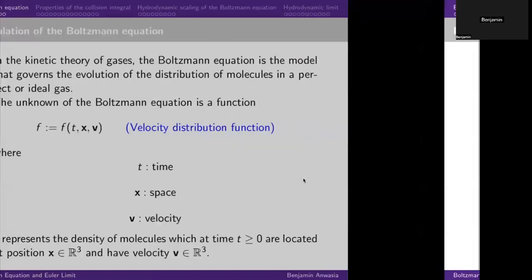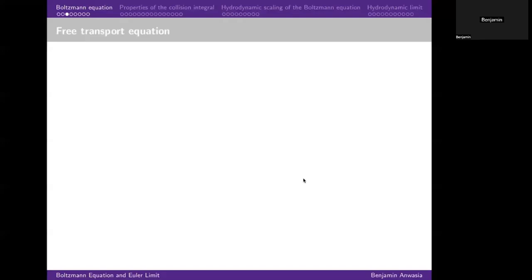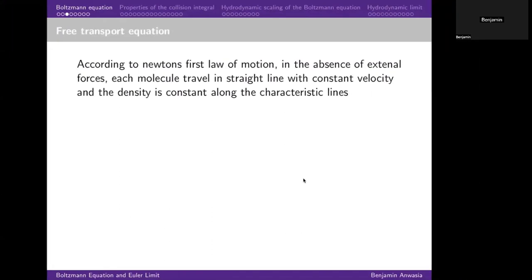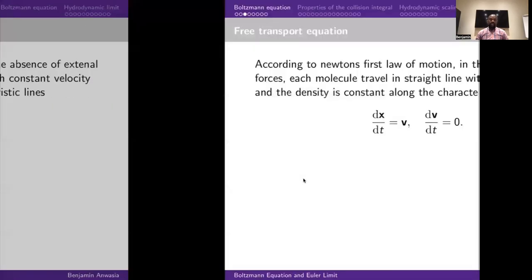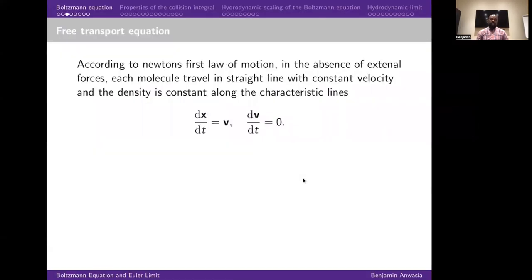To describe how the velocity distribution function changes as a result of free transport of the molecules, we use the fact that, according to Newton's first law of motion, in the absence of external forces, each molecule travels in a straight line with constant velocity, and the density is constant along the characteristic lines, dx/dt equals v, and dv/dt equals 0.